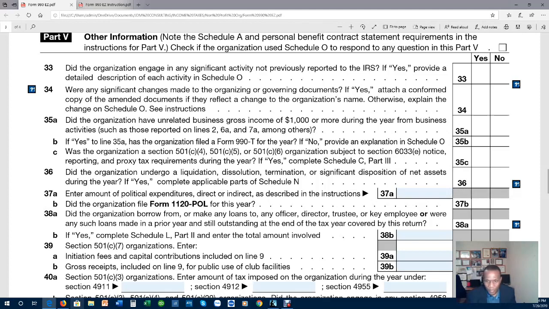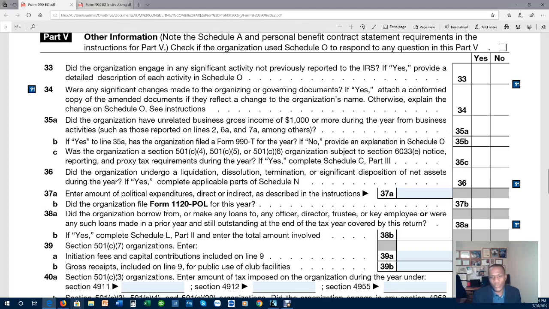38A, did the organization borrow from or make any loan to any officer, which we explained to you, I believe, on Schedule L. If the organization borrowed money from an officer, director, trustee, or key employee, or an officer, director, trustee, or key employee loaned funds from the organization, you would check yes, you must complete Schedule L, Part 2, and enter the total amount involved.